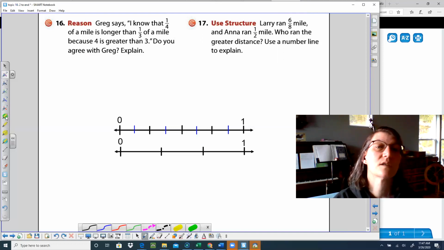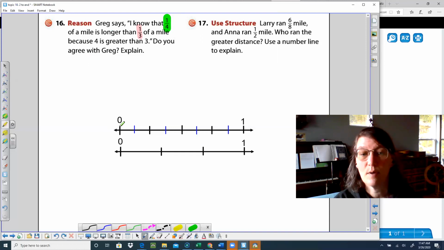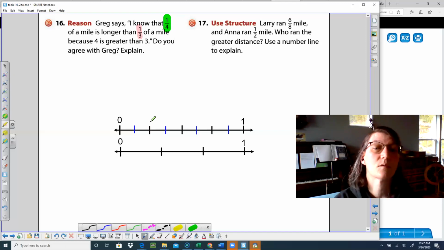So I want to mark 1/4 and I want to mark 1/3. So I'm going to do my bunny jumps. 1, 2, 3, 4. So right here is, I don't know which one I have. Oop, I got pink, don't want pink. Right here is my 1/4.